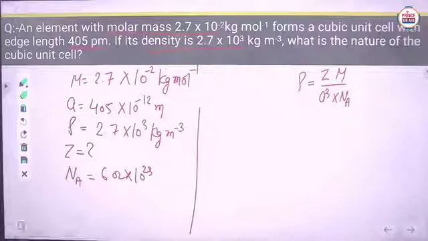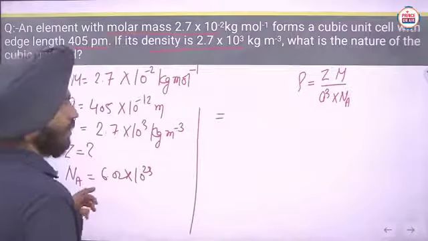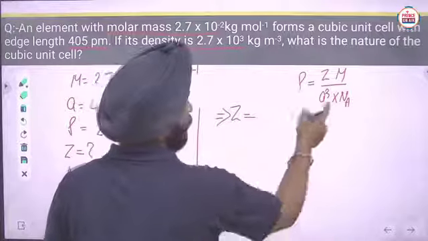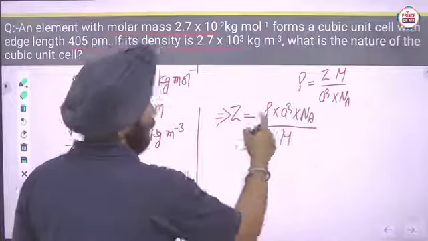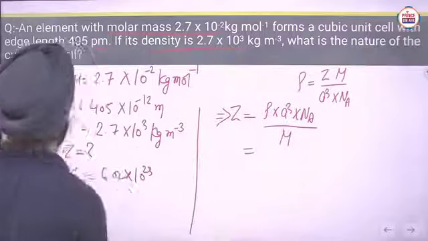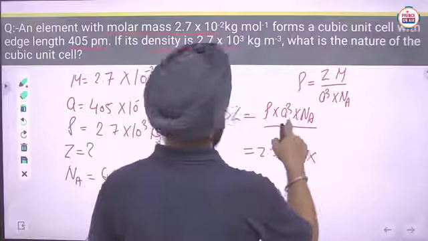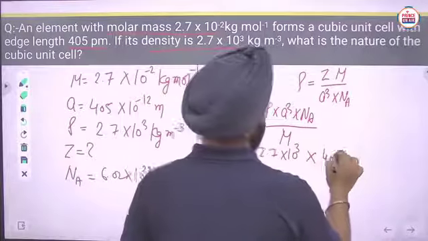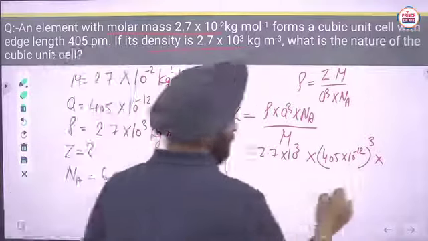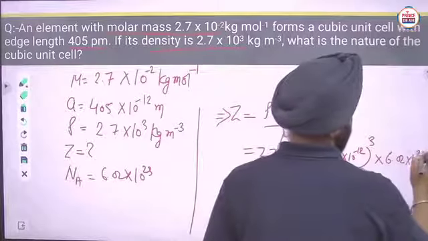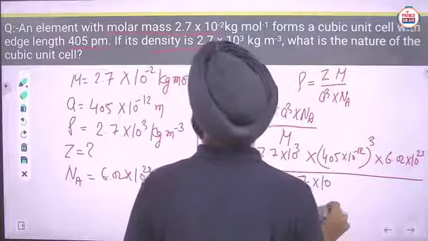So now see, Z comes out to be rho into a cube into Na upon M. Now the value of rho is 2.7 into 10 raised to the power 3, into the value of a, 405 into 10 raised to the power minus 12, cubed, into Na, 6.02 into 10 raised to the power 23, upon the value of M, 2.7 into 10 raised to the power minus 2.